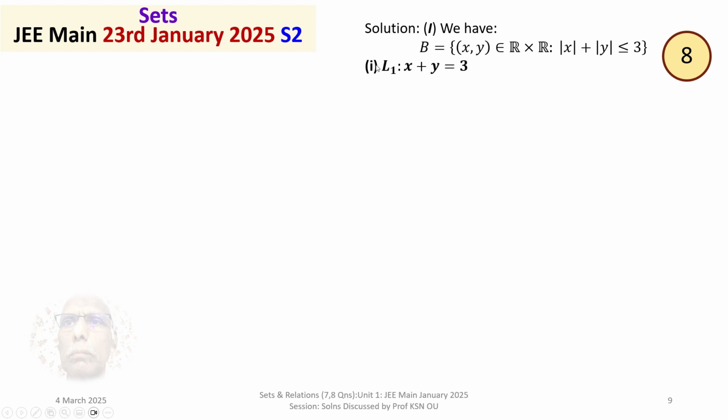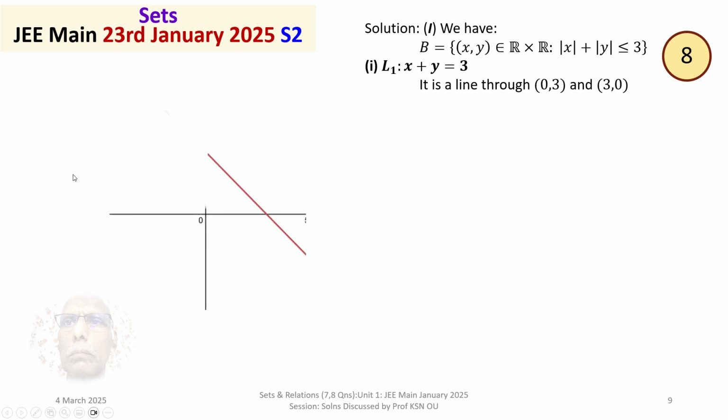We take the first possibility. x positive, y positive. Consider the line equality x plus y is equal to 3. Let's call it L1. It is a straight line through (0, 3) and (3, 0). These are the points of intersection of this line with the coordinate axes.